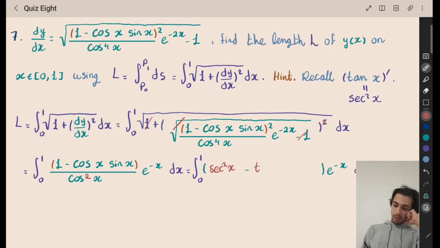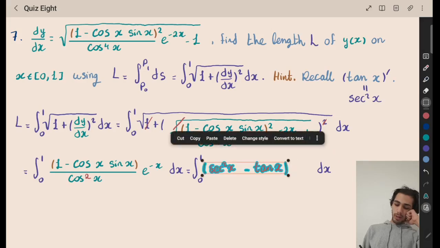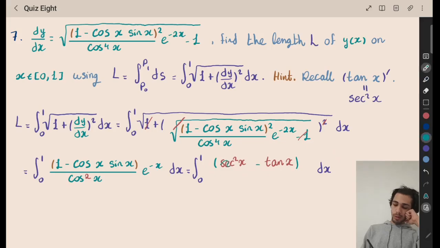Sec squared of x times the tangent of x times e to the minus. Maybe I'll go one step further. And instead of e to the minus x, I'll write sec squared of x minus tan of x divided by e to the x.